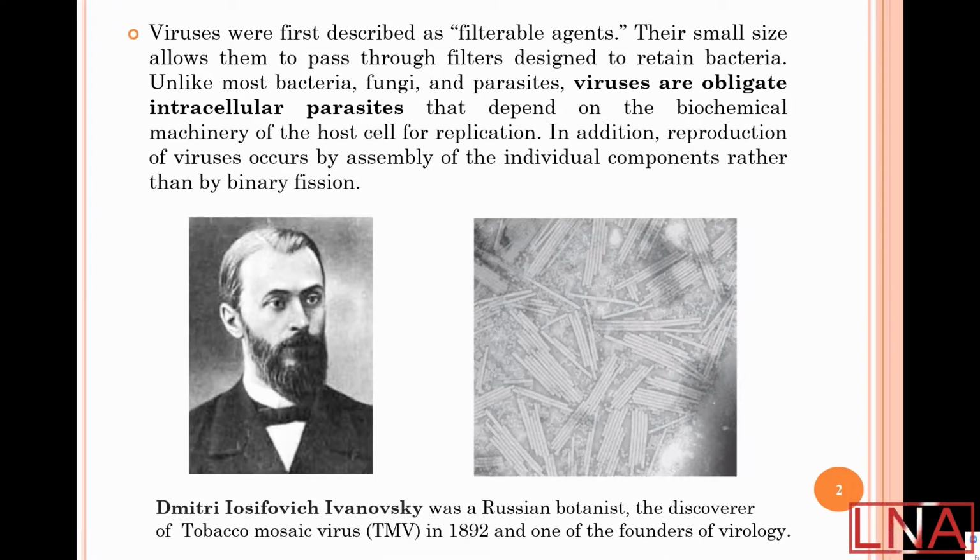He worked with tobacco plants and he filtrated a smash of tobacco leaves through the bacterial filter and inoculated the filtrate to a new plant, and the new plant became sick with the same disease. He found something much smaller than bacteria can infect.